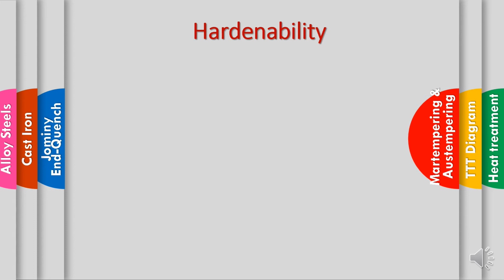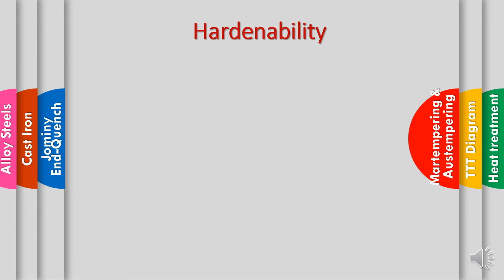And then we go for the hardenability. For the hardenability, basically, this is very useful because previously we learned about the hardness test. Okay, by different methods such as Rockwell, Vickers, or many techniques to identify the hardness of materials.